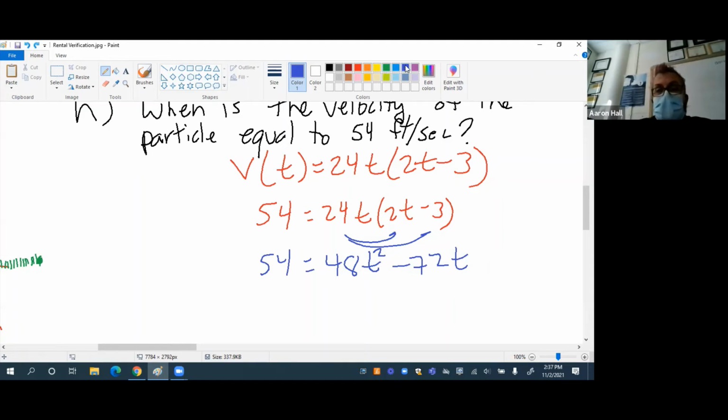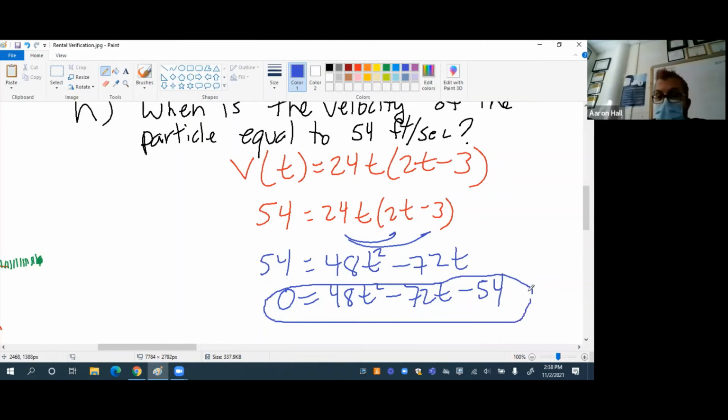Yeah, we can subtract 54 from both sides and we have a quadratic. We have 0 equals 48t squared minus 72t minus 54. How do we solve for this? Can we factor?